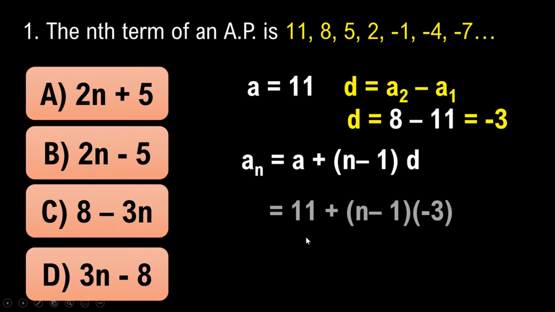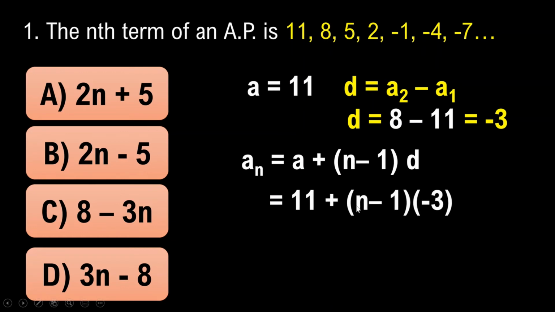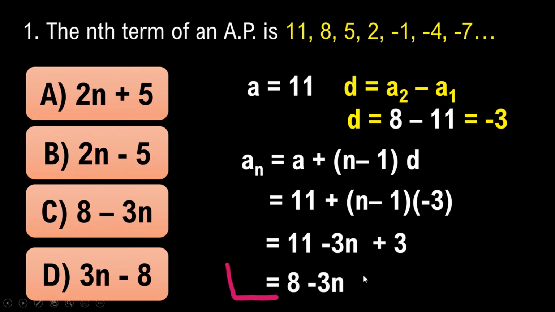We put a as 11, n we keep as a variable, and minus 3 is the common difference. Putting in the values, it is 11 minus 3n plus 3, that is equal to 14 minus 3n. So your answer is option C. Okay, great. So let's proceed to the second question.